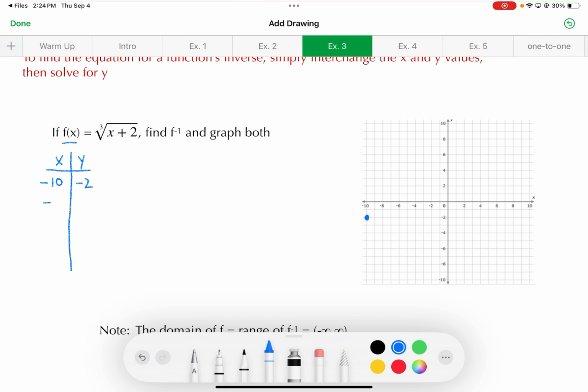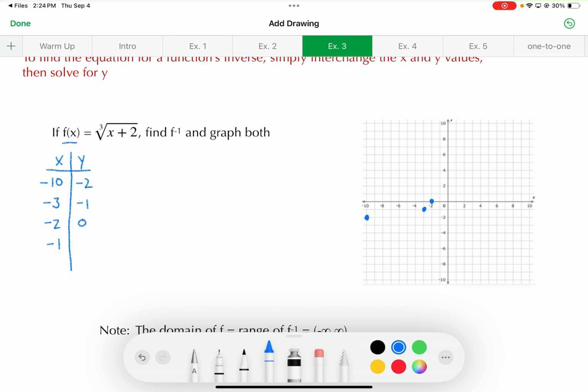Okay, I think negative 3 would be another good choice because negative 3 plus 2 is negative 1. The cube root of negative 1 is negative 1. Negative 2 would be a good choice. That's going to produce the cube root of 0 or 0. Negative 1 would also be a good choice.